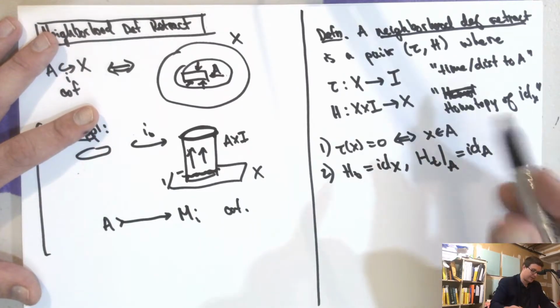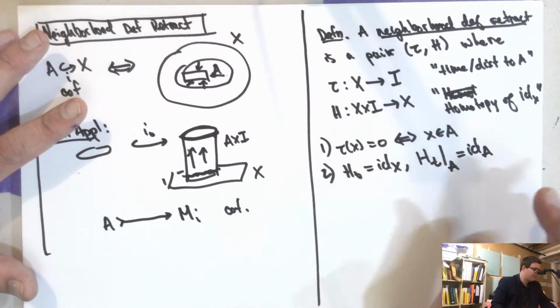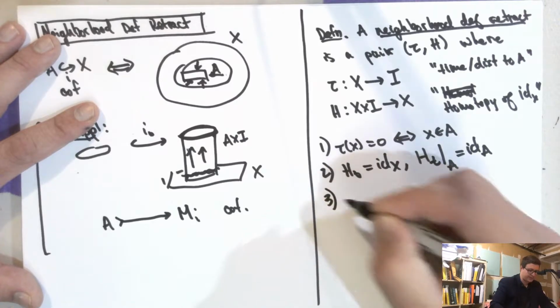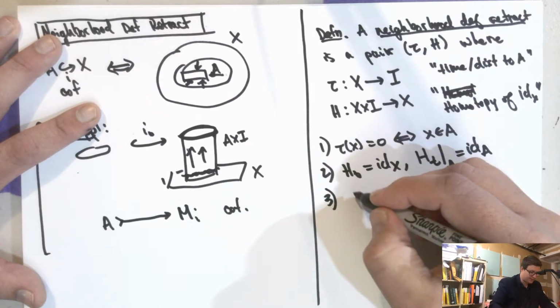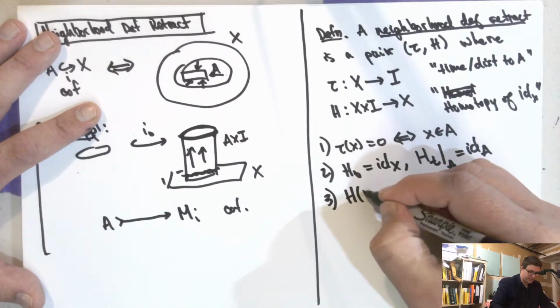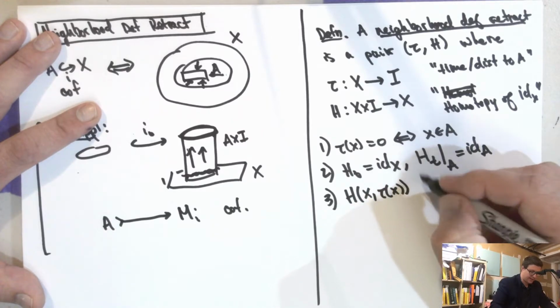It just pulls things into A, and once it's in A, it gets fixed. And then the other thing is how these two things are related. They need to be coupled. In a definition with two things, they better not be independent.